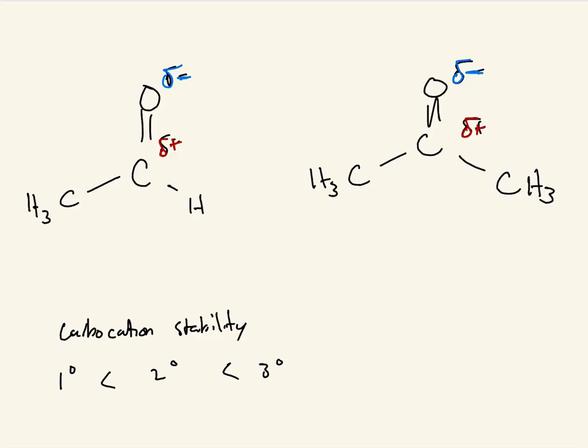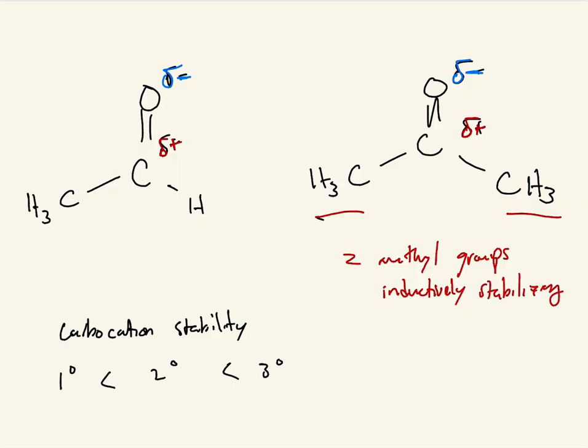So the fact that in this molecule there's two methyl groups inductively stabilizing through hyperconjugation, which again is the delocalization through the sigma orbitals, inductively stabilizing the partial positive charge. And here, that doesn't happen with the hydrogen, it only happens with the methyl group. There's only one methyl group stabilizing the partial positive charge.